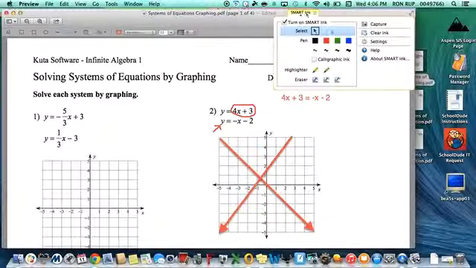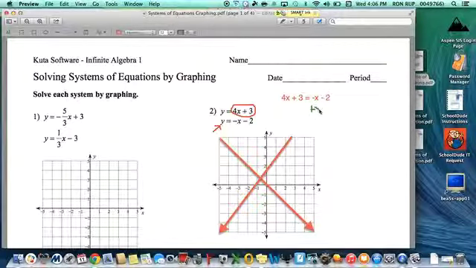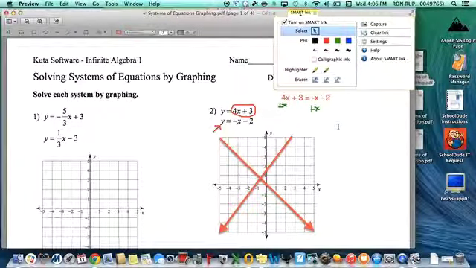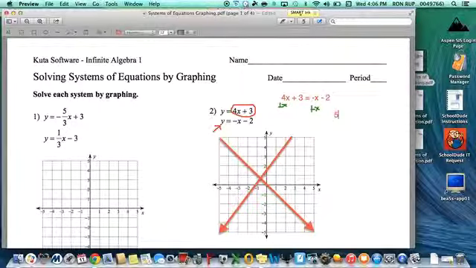We are going to add x to both sides. And when we do that, we get 5x plus 3 equals negative 2, because that minus 2 is still left over there.